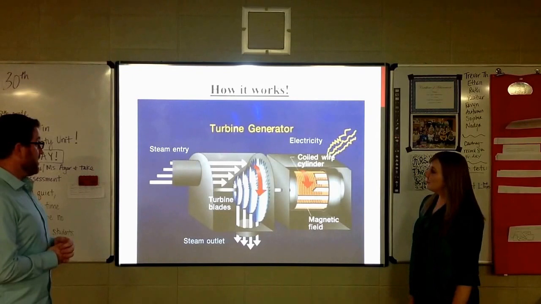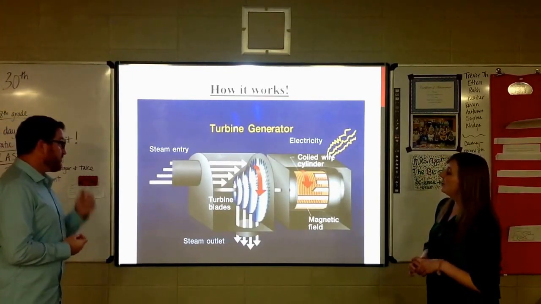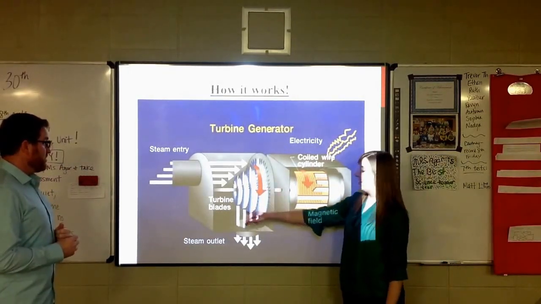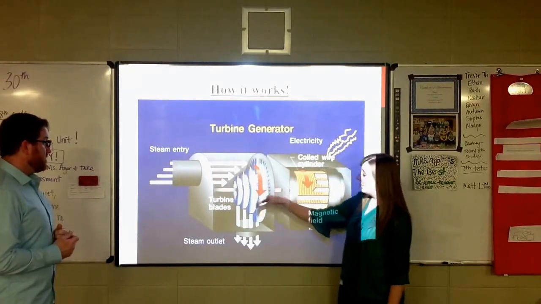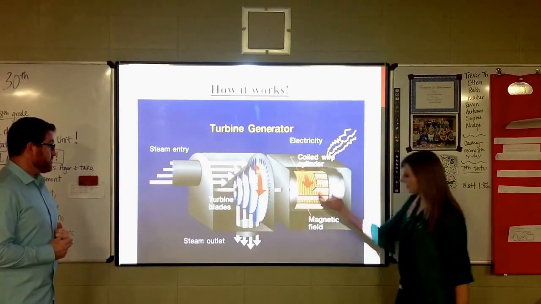All right, here we have a picture combining these ideas that Mr. B was talking about. So the turbine that he just described on the previous slide, you can see here. In this case, we have steam entering our turbine to spin these blades around.